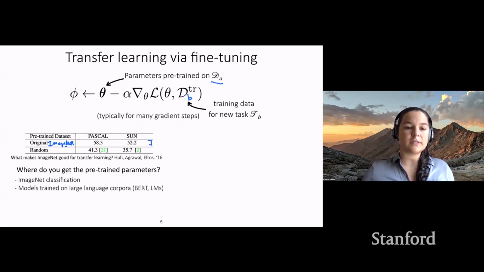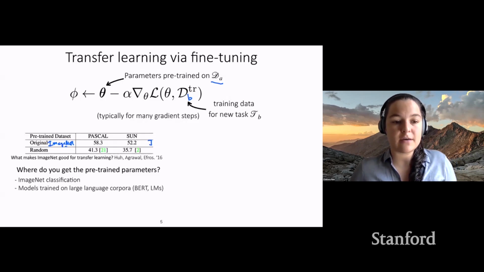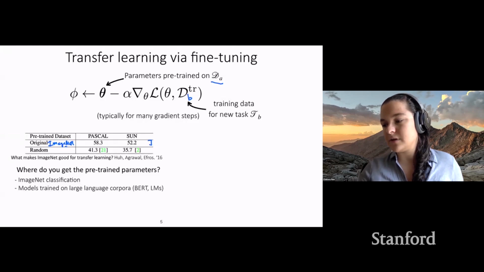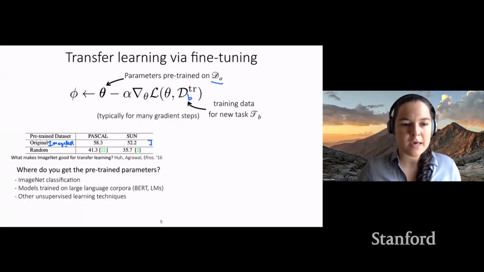Another popular example for pre-training is using language models that are trained on very large language corpora. Examples of this are BERT and other language models, and we'll show some results on that on the next slide.